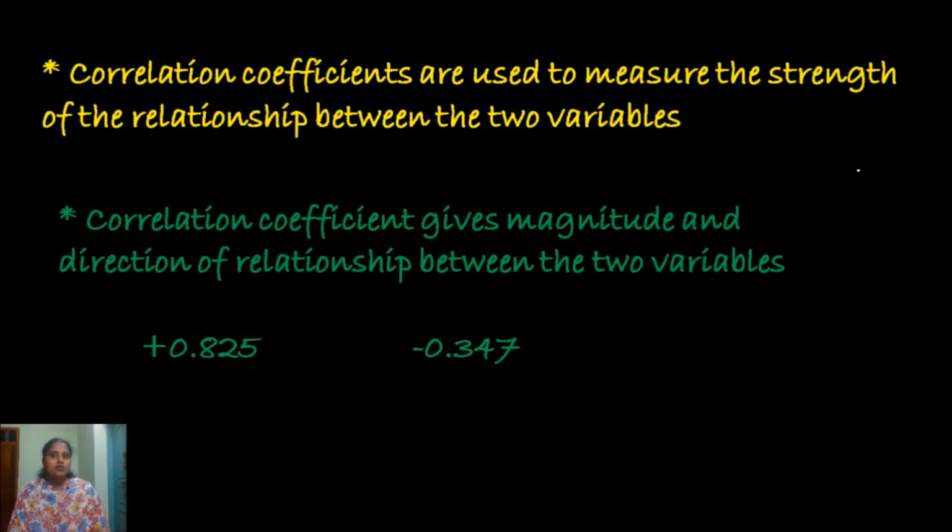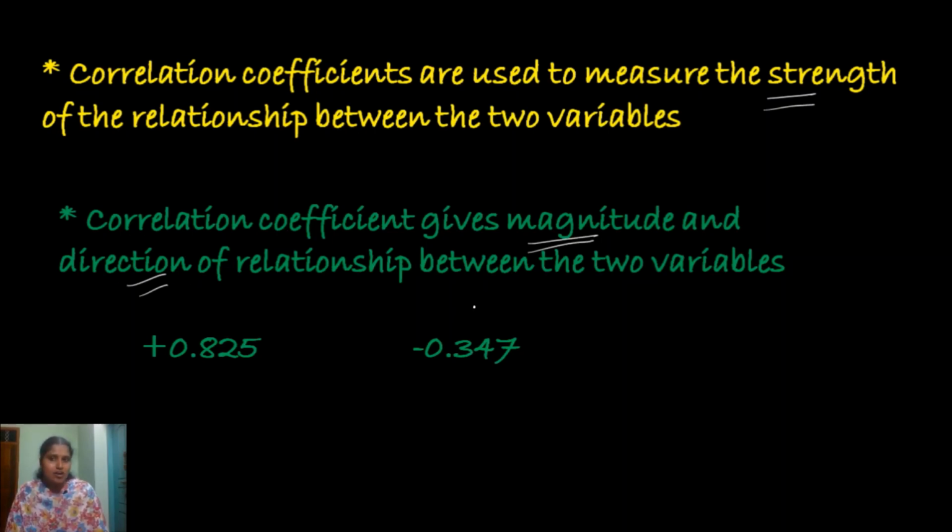So correlation coefficients are used to measure the strength of the relationship between the two variables. Also, it gives us information about both the magnitude and direction of relationship between the two variables.